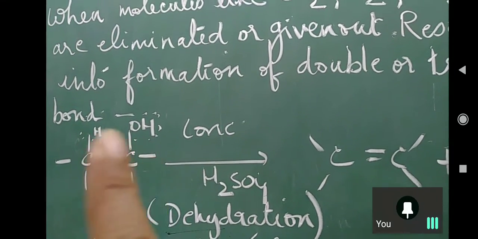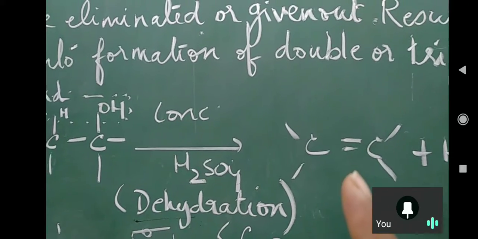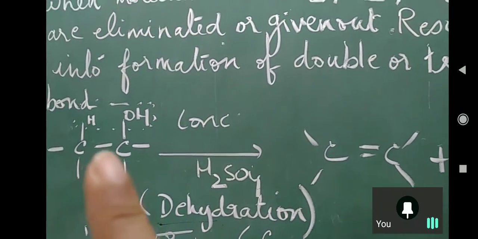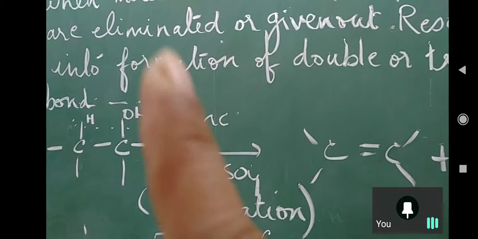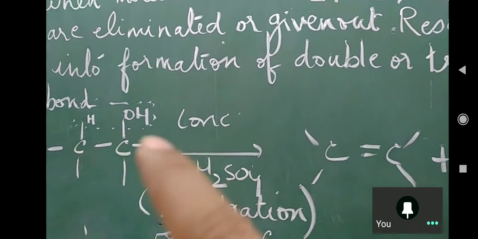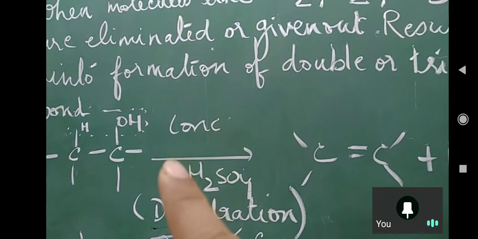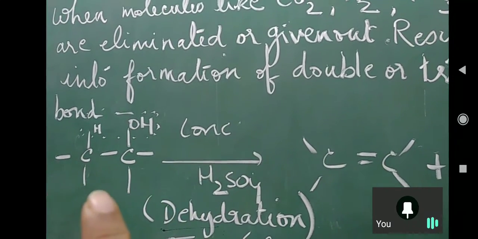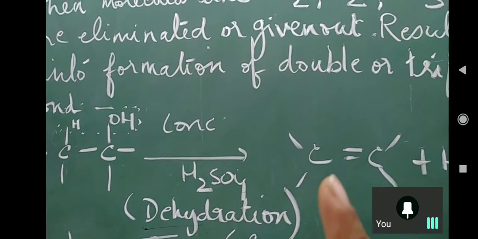So 1, 2 elimination is taking place, resulting in the formation of an alkene double bond. This is beta elimination. Yes. This is known as beta elimination. From the same atom alpha resulting into carbene. From adjacent carbon atom, elimination takes place. This is beta, resulting into formation of a double bond.